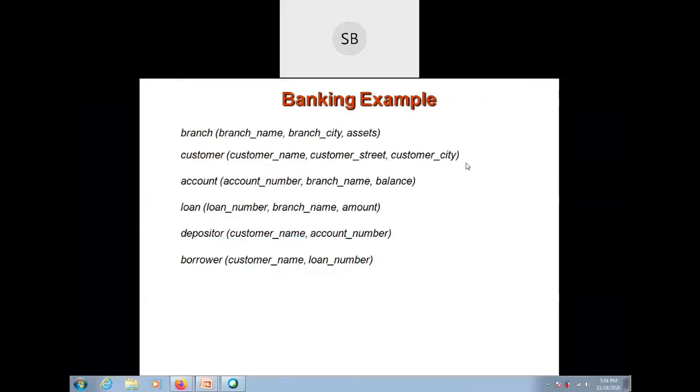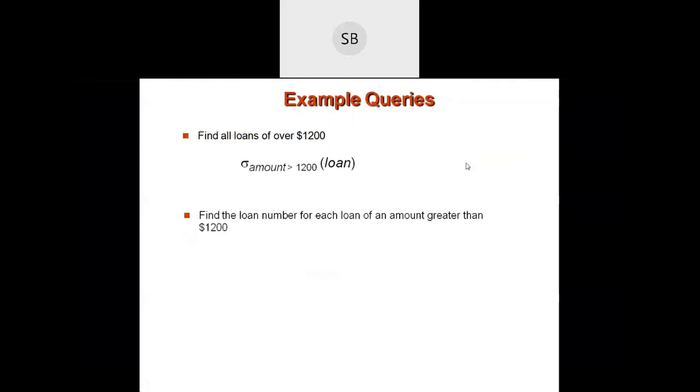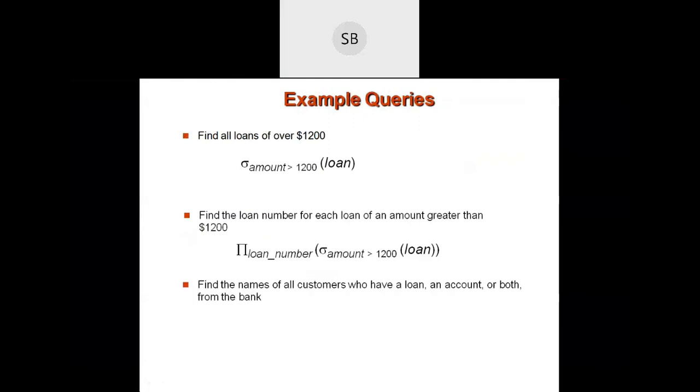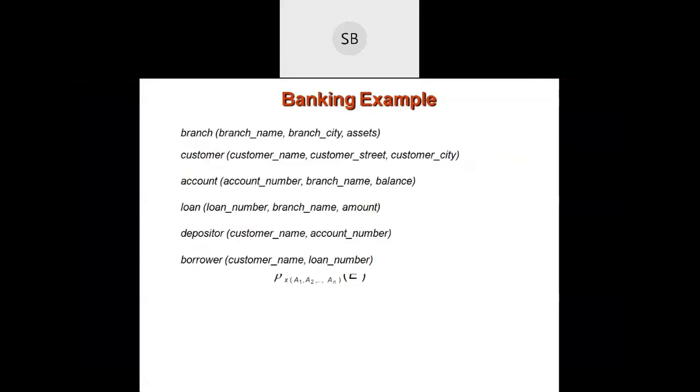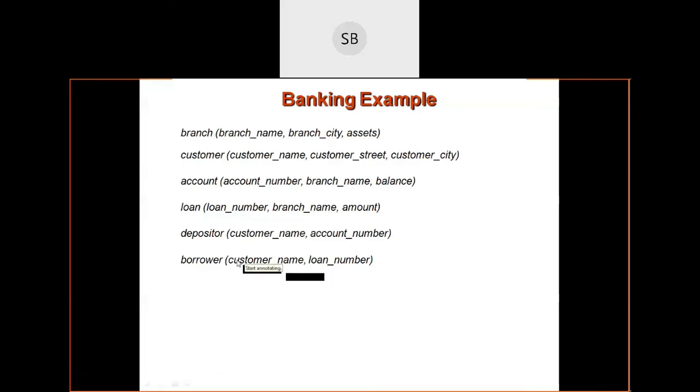For the query, you have to find the customer names who have a loan, an account, or both. So you require the loan and also the account, and the account number and loan number also.